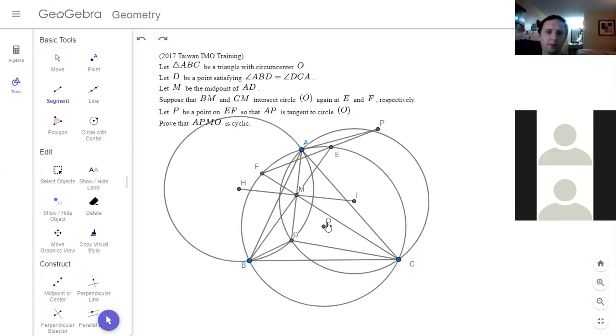Yeah, what if I did that? PMI plus IMO. So that is still a little tricky though.